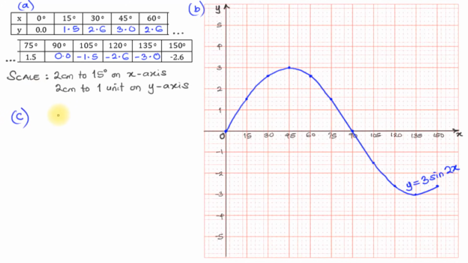And here we are told that 3 sine 2x plus 2 is equal to 0. But we've been able to ensure that this is the same as y is equal to minus 2. Okay, so we can just draw our straight line. This is -2 on the vertical axis, and we can just plot our graph straight.